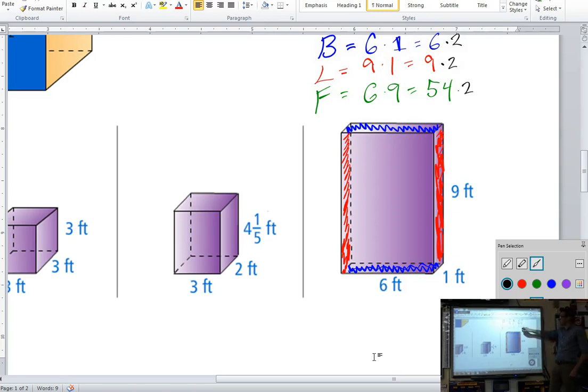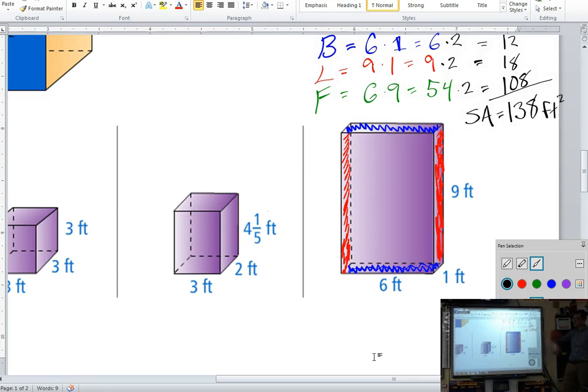I have 2 of these, double it. We get 12, 18, and 108. When I have done that, 2, 4, 6 faces, I've accounted for all of my faces. When I add this up, and I get 138 feet squared, I'm done.